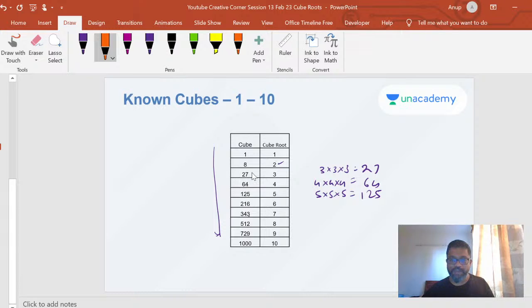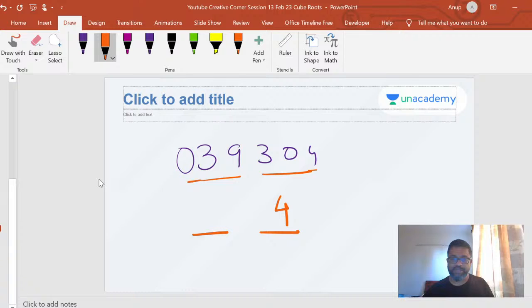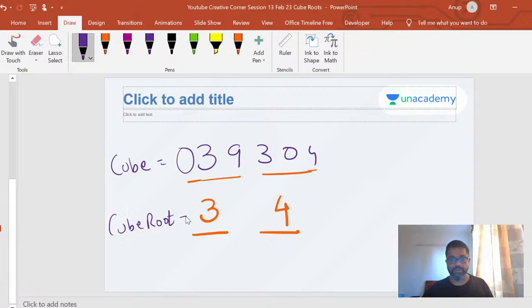So the first digit will be 3. So 34 is my answer; this is the cube and this is the cube root.